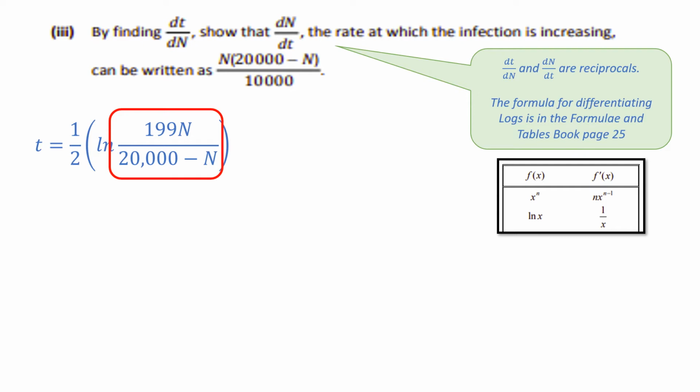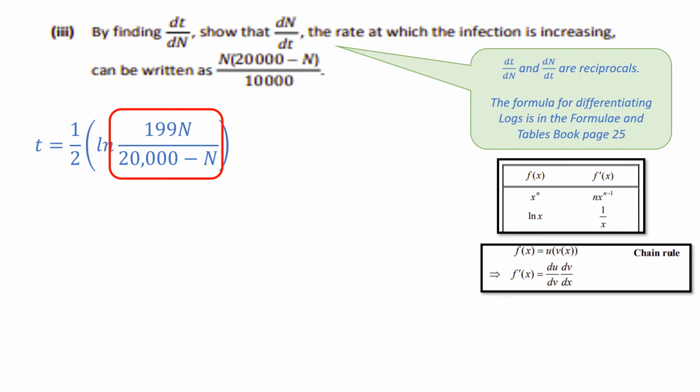I do not have the natural log of just n in this case. I have something more complex. What I actually have here is the chain rule, because I have a function within a function. So that's my inner function there circled in red. I'm going to differentiate using my natural log rule, but I then need to multiply by the derivative of the inner function, which means I need to differentiate that piece in red.